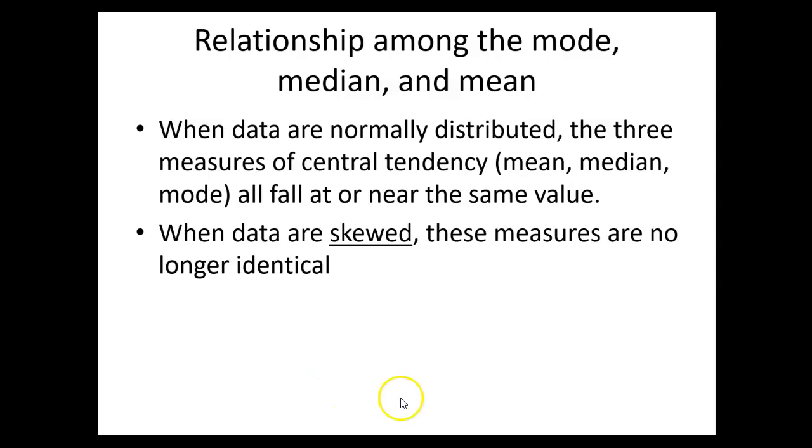Now, when data are normally distributed, and we will get into what this actually looks like, the three measures of central tendency, mean, median, and mode, all fall near the same exact value. But when data are skewed, these measures are no longer identical.